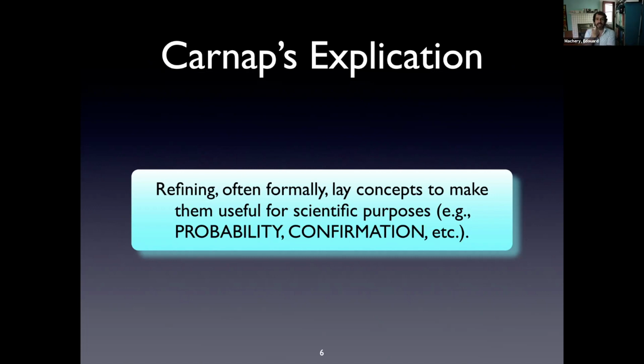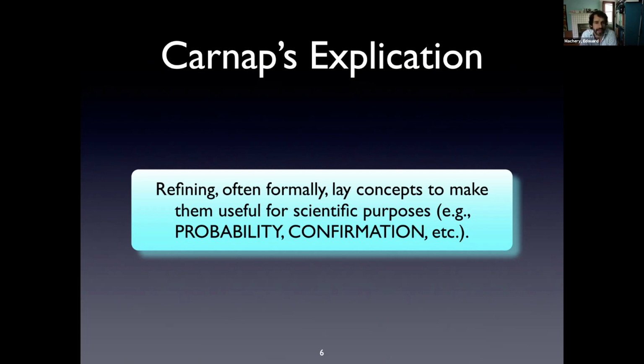So what's Carnap's explication? Well, I'm sure you've talked quite a bit about that in previous instances of this workshop. And as you know, there's been a lot of debate over the last 5 to 10 years around that topic. Here's one way to characterize it. It's a refinement, often but not necessarily formal, of lay concepts so as to make them useful for scientific and logical purposes.